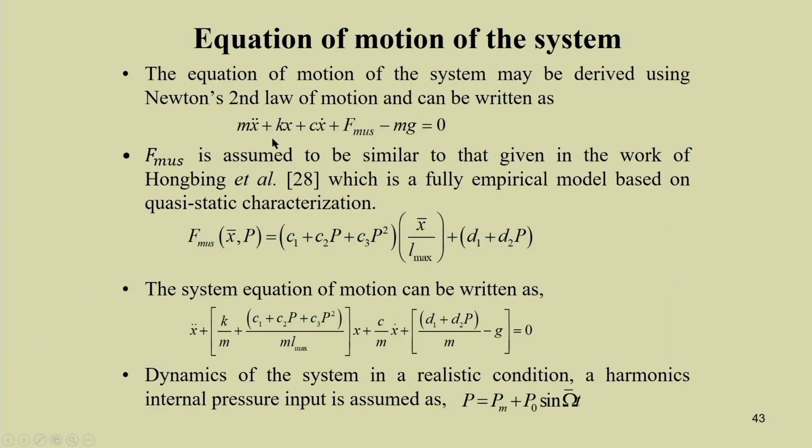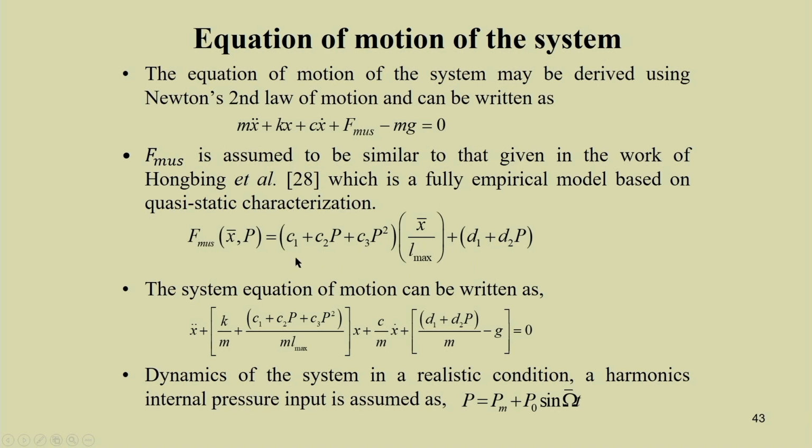Now we can write the equation of motion of the system: m x double dot plus kx plus c x dot plus F muscle minus mg equal to 0. We have to take this F muscle in this form, following the work of Hong Bing et al. F muscle of x bar and P equals C1 plus C2 P plus C3 P square into x bar by L, plus D1 plus D2 P. Here a 5 parameter muscle model has been considered.